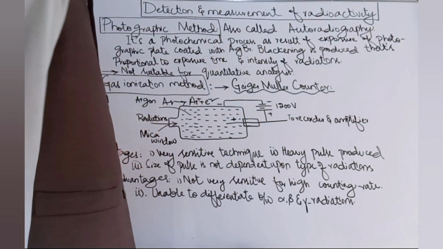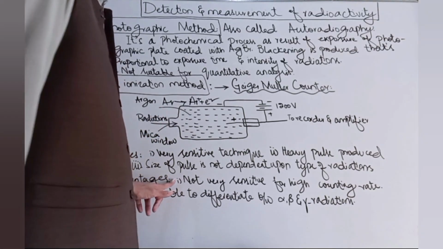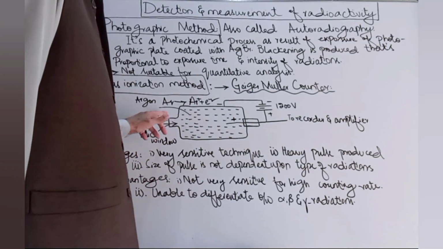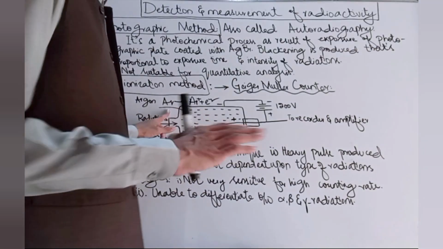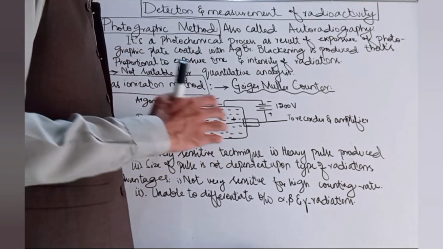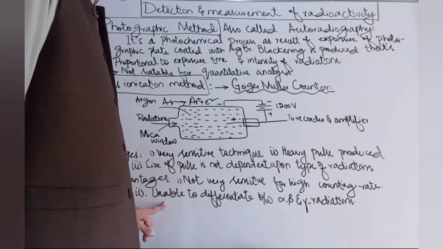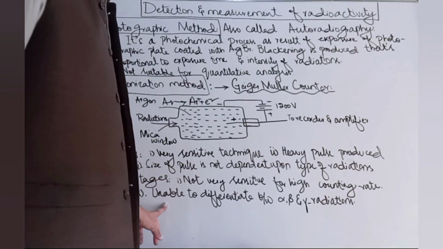If we talk about the disadvantages, it's not very sensitive for a high counting rate. Why? Because there is some dead time in which the GM counter is not able to record any further radiations. The second disadvantage is that it's unable to differentiate between alpha, beta and gamma radiations.